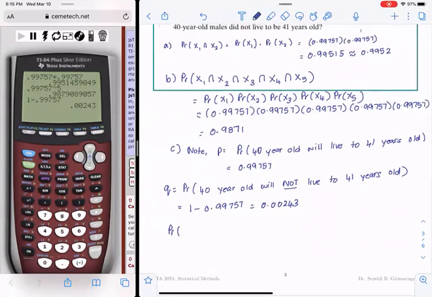So the probability of at least 1 is equal to 1 minus the probability of none, from last time.